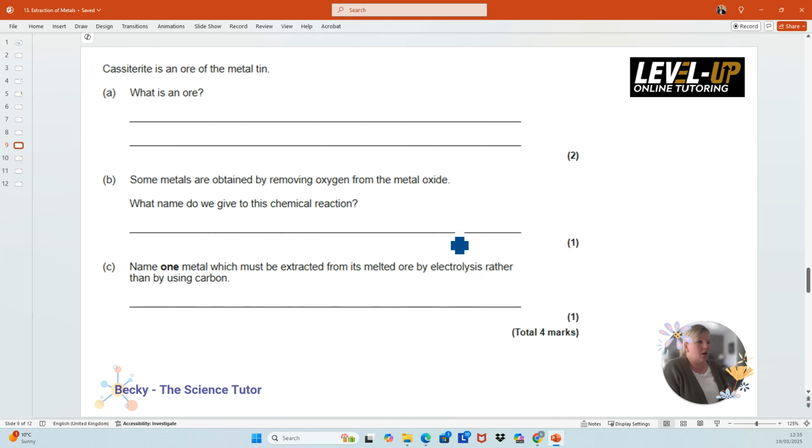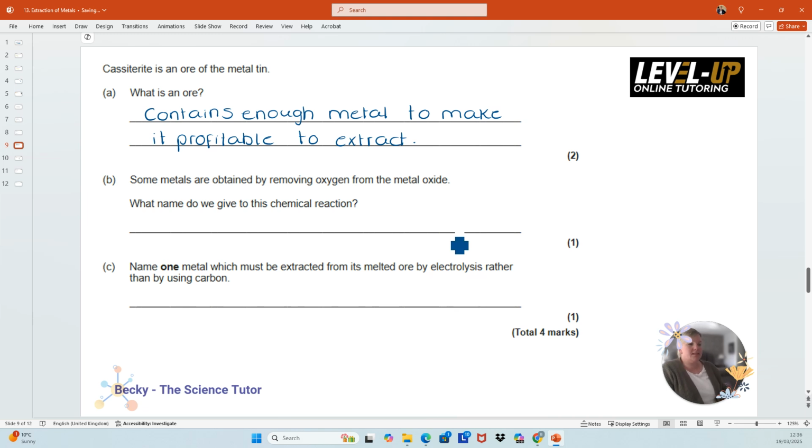An ore is something that contains enough metal, so we're identifying it's got enough metal for 1 mark, to make it profitable to extract for the 2nd mark. And that's for mark number 2.